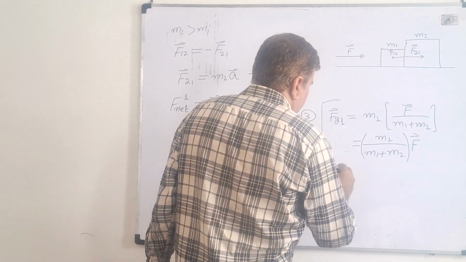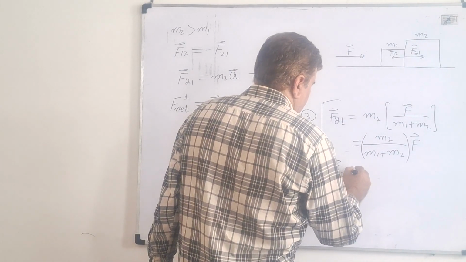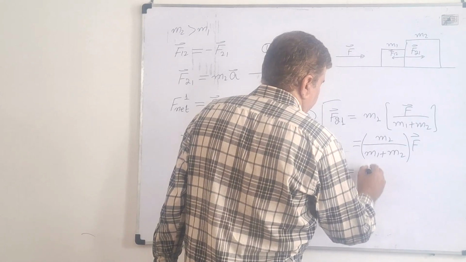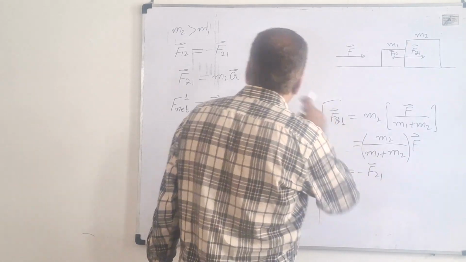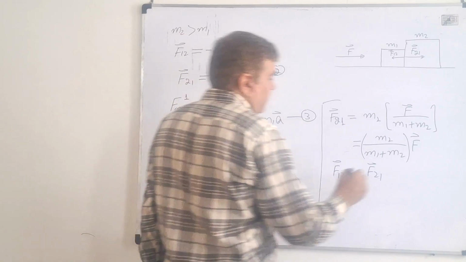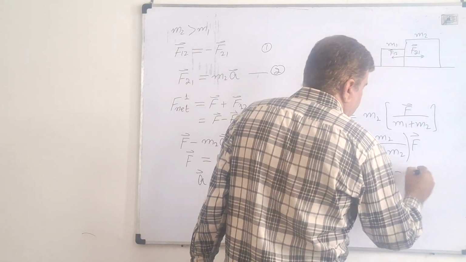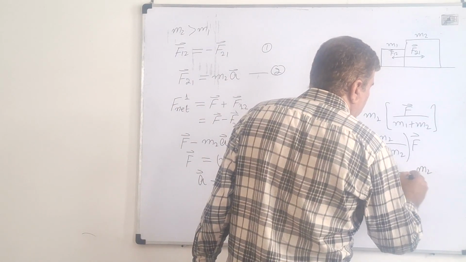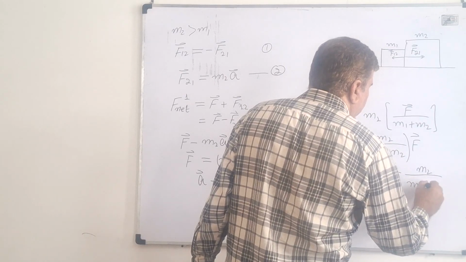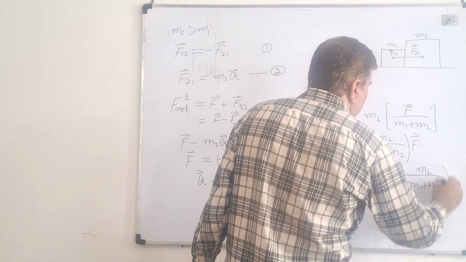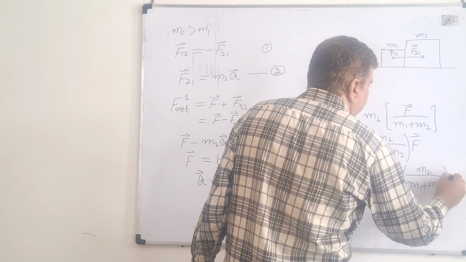And obviously F12 is then the negative of F21 as given in equation 1. So we can write that this is minus m2 divided by m1 plus m2 into F.